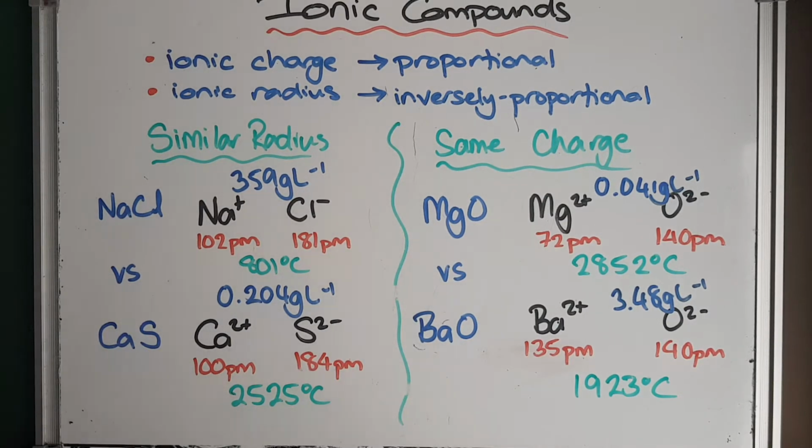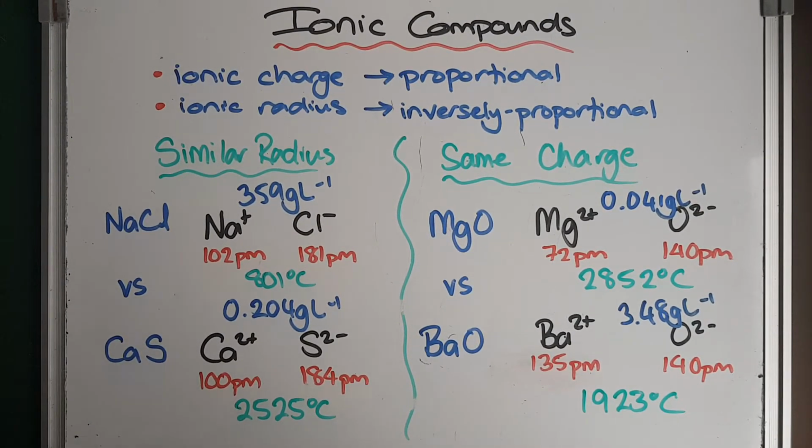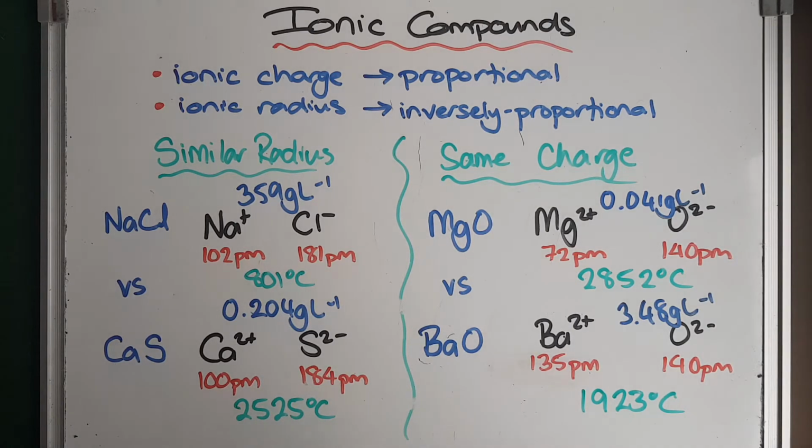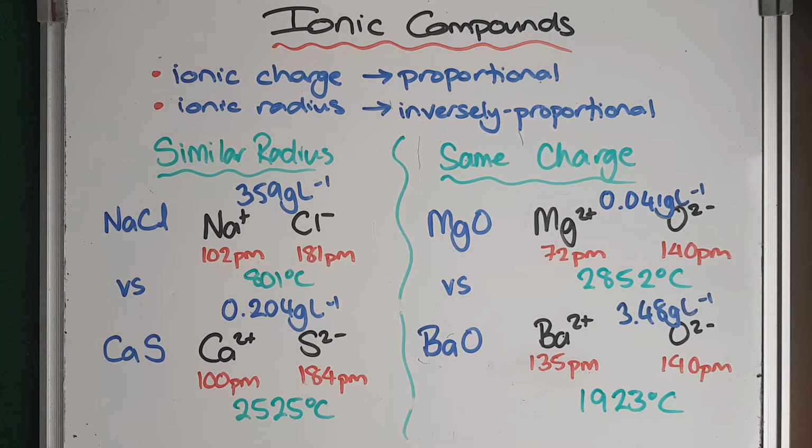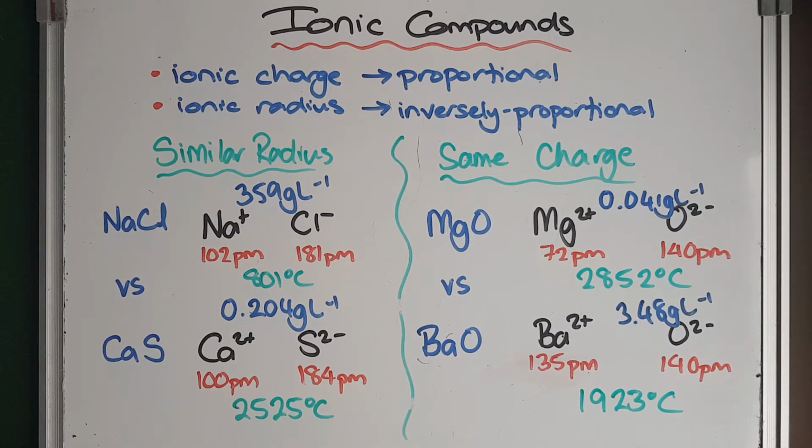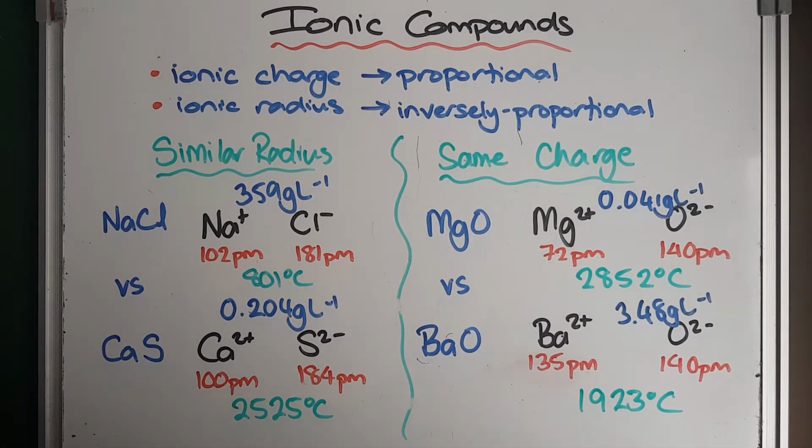The first of the compounds we're going to use our understanding of atomic structure, etc., to explain the properties of are our ionic compounds. Ionic compounds are made up of cations and anions held together by ionic bonds. They are in a three-dimensional lattice, and to melt and then boil ionic compounds, you need to break these very strong ionic bonds.